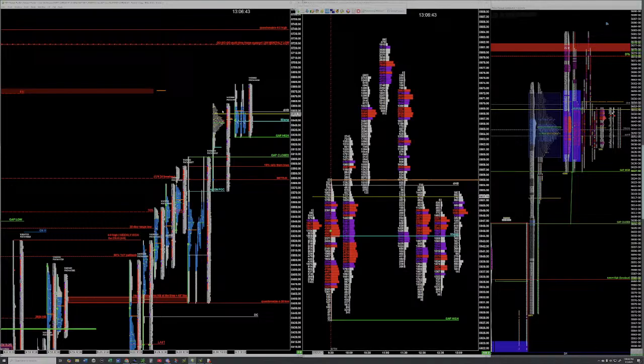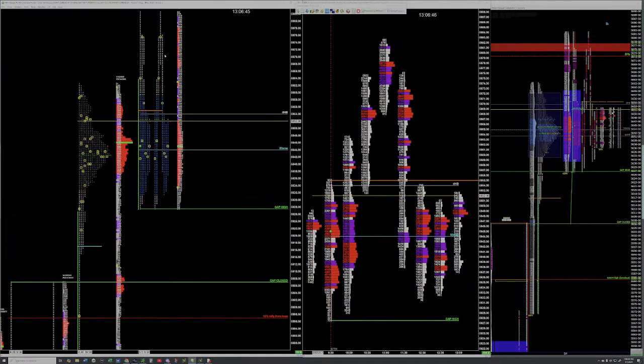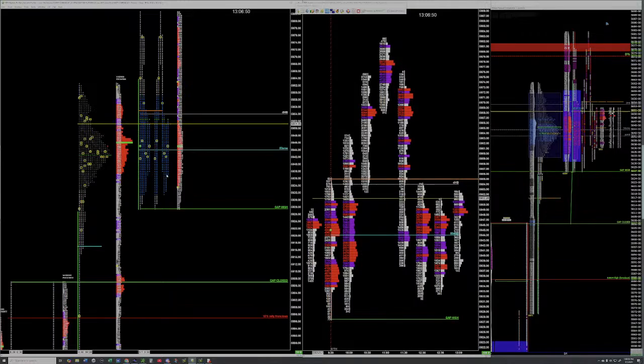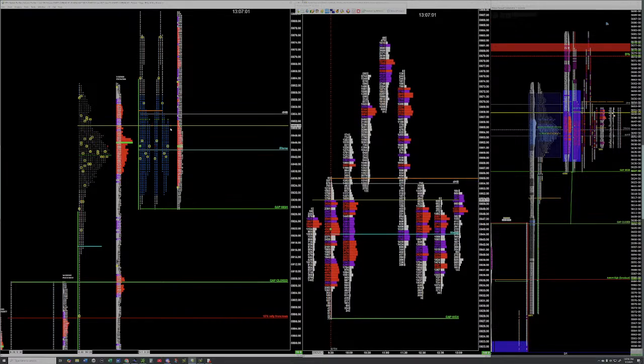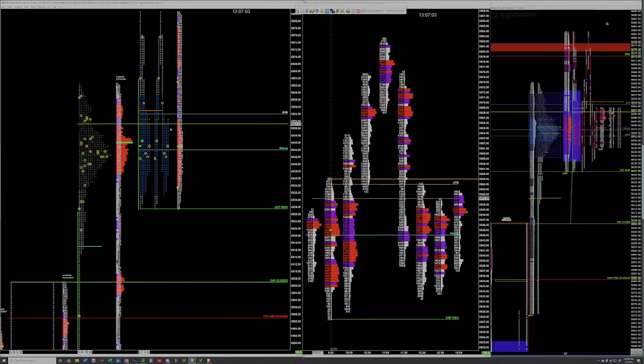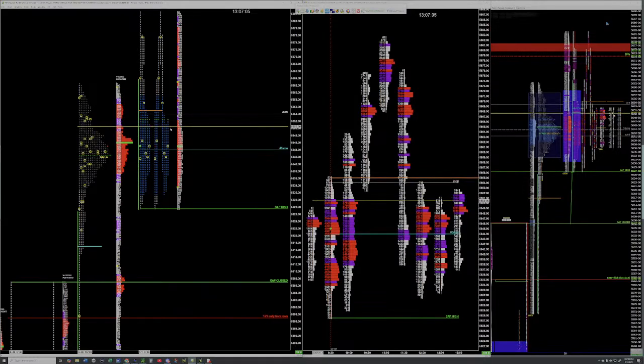And notice what's happening now. We have a rotational day. Now we have rotation, right? The action to the downside has ended, and now we have an action to the upside that has started. Is it going to have continuation? Who knows? I have no idea.